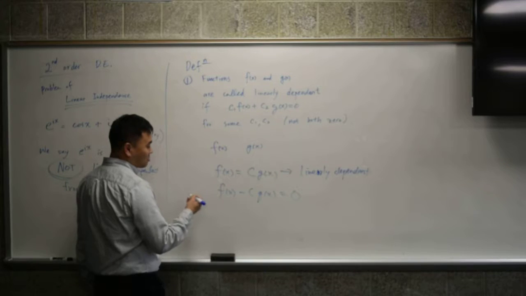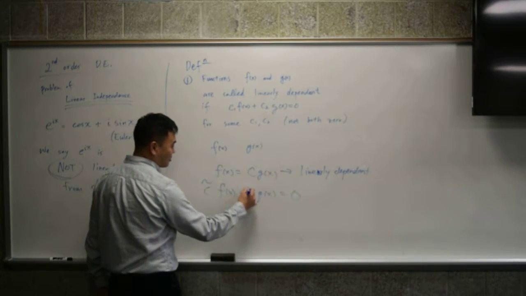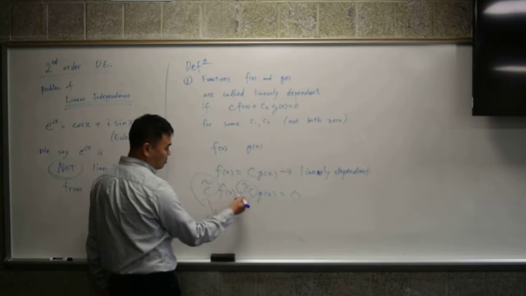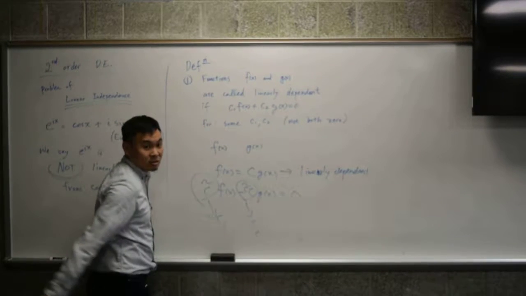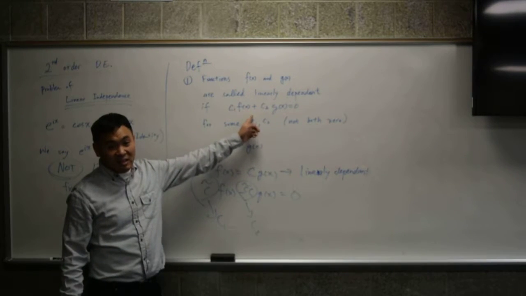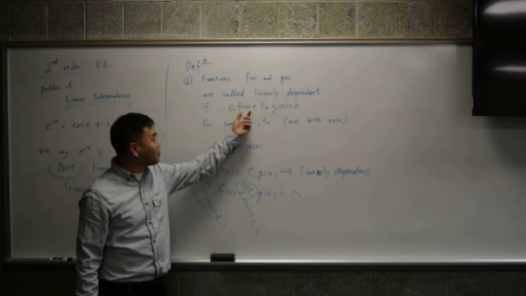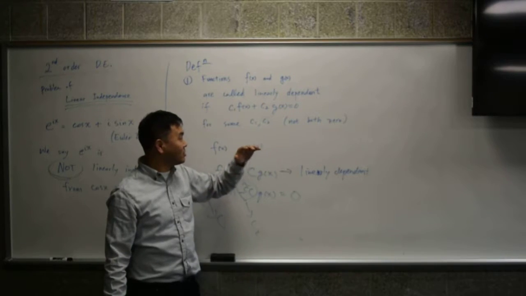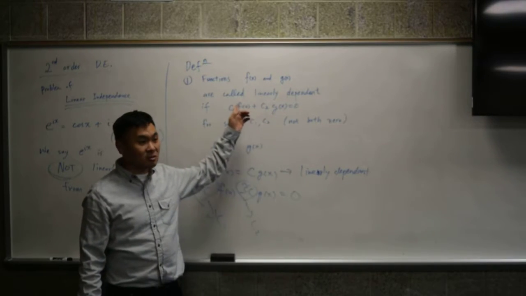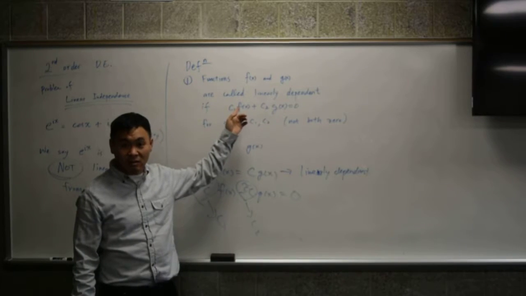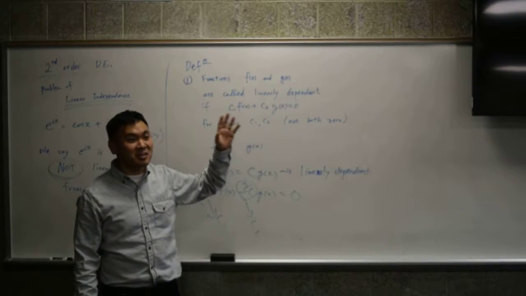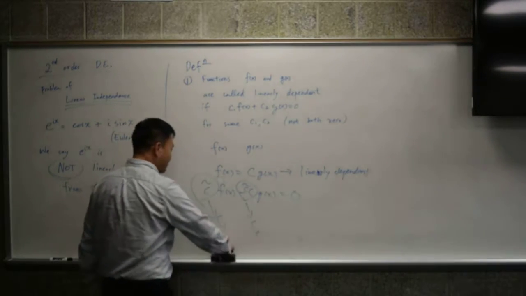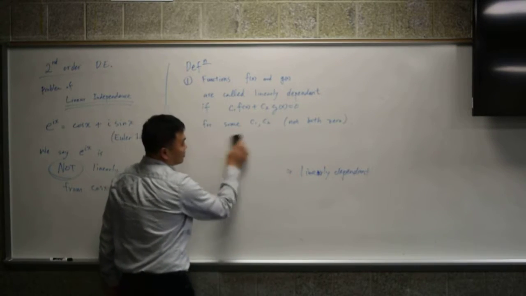And then you can multiply both sides by another c tilde, and define this as c1, and define c tilde times minus c as c2. Then it becomes this one. So all this is saying is that if one of the two functions is a multiple of the other, they're linearly dependent. Does this make sense? And you don't want that. Linearly dependent is bad. You want linear independence.